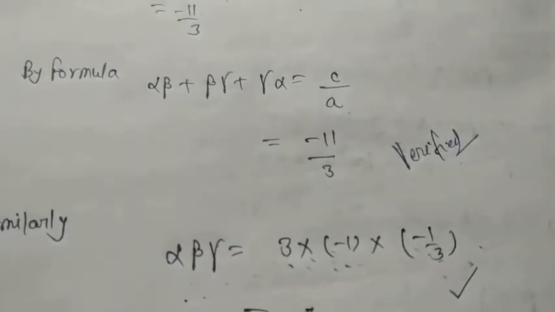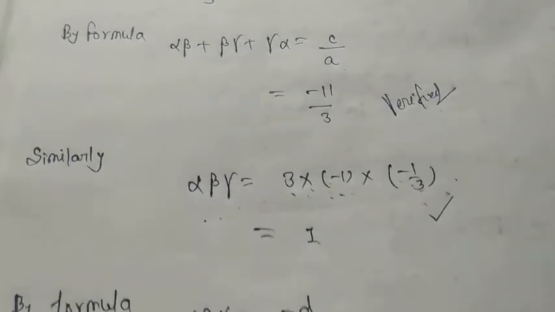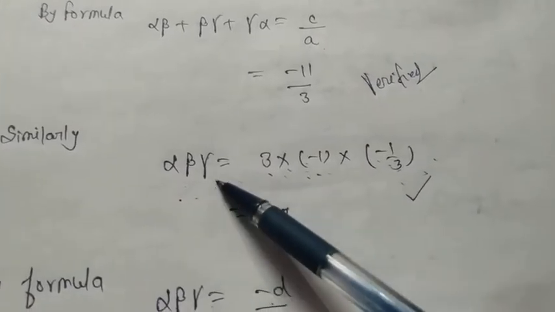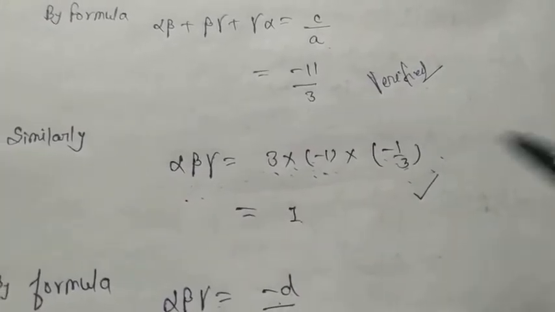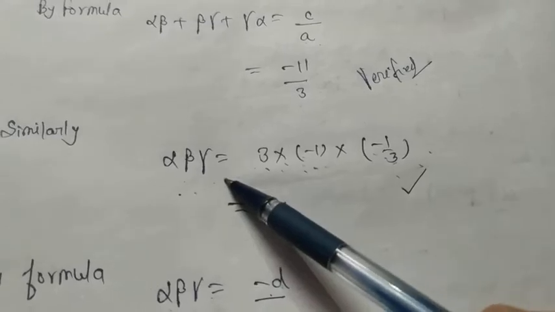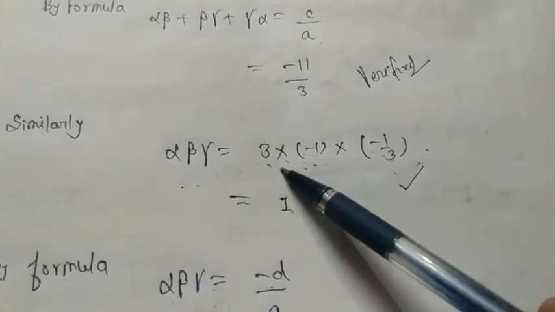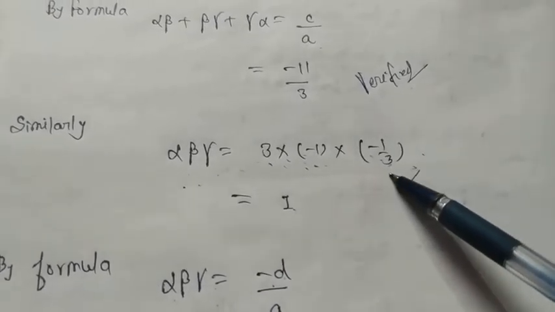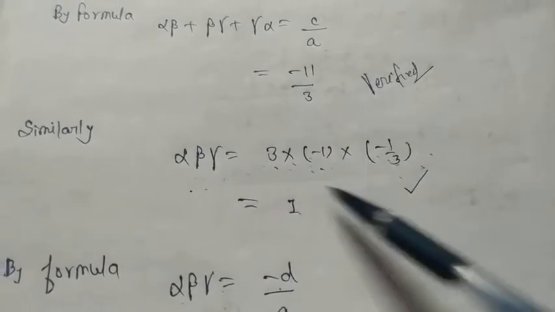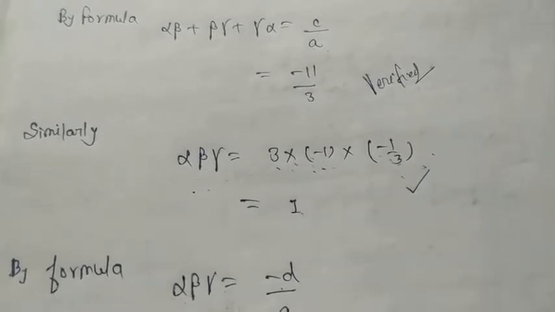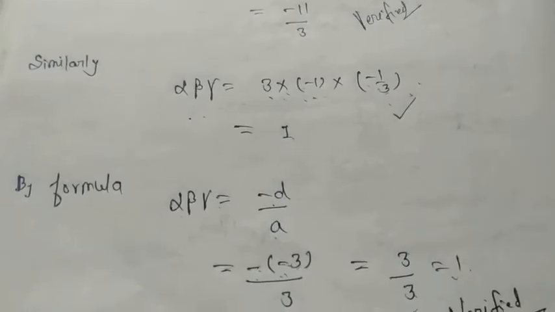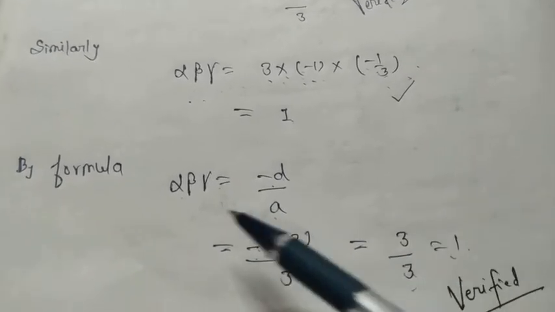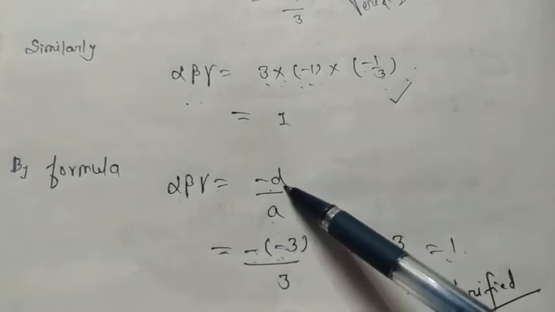Now one part is left, children. That one part was the product of the zeros. So the product of the zeros was alpha beta gamma, and it is equal to 3 into minus 1 into minus 1 by 3. When you solve it, we will get 1. Okay, now by the formula, alpha beta gamma is equal to minus d by a.